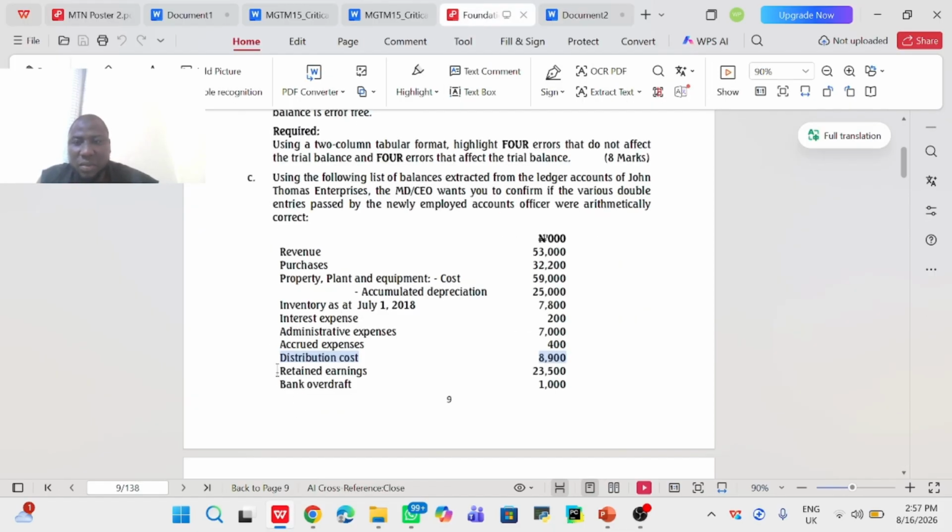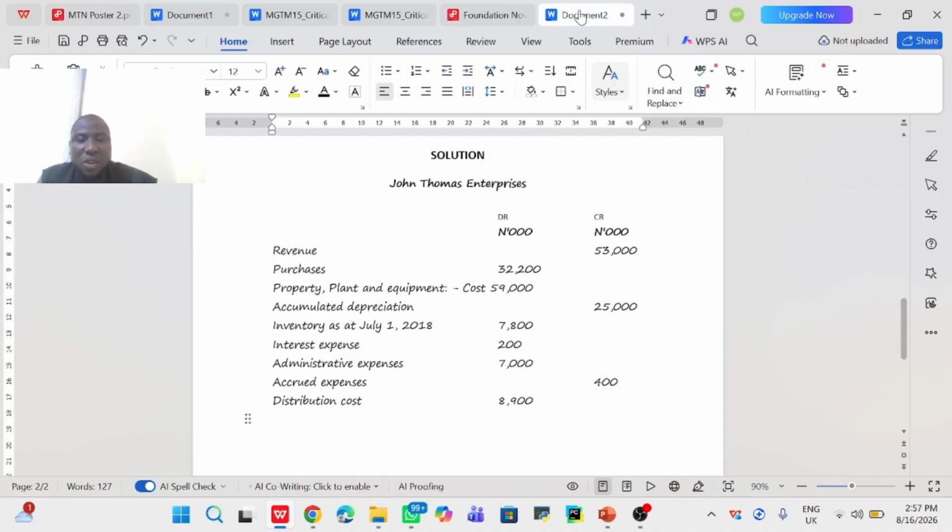Retained earnings. What do you mean by retained earnings? After your profit, you pay a certain amount of money to your shareholders. Let me say it like this: retained earnings is an income. It's part of your profit, but out of the profit for the year, you pay some percentage to the shareholders, and you keep some part of your profit.